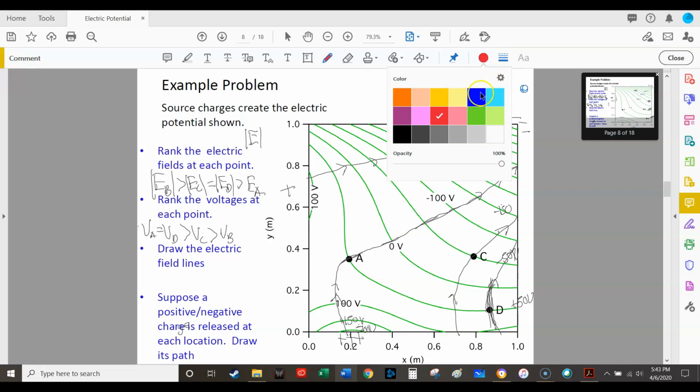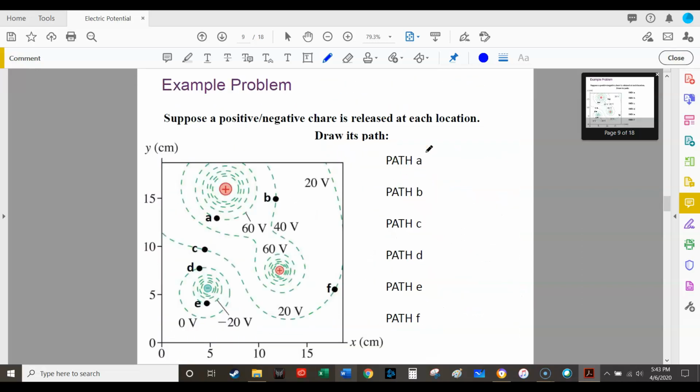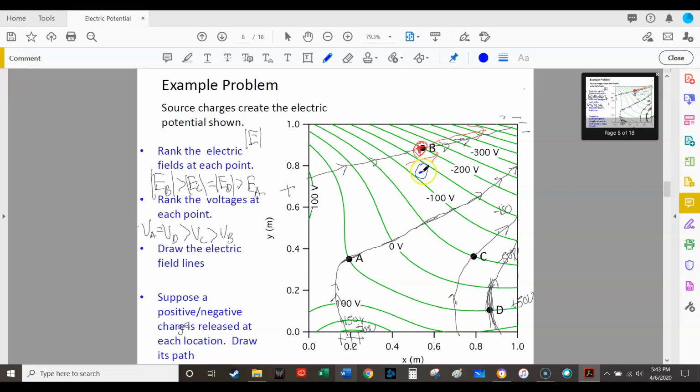If we have a negative charge, and I associate blue and negative, I'm now going to draw a negative charge right here. Well, again, a similar situation, actually opposite, is you have electrons over here and you have a proton over here.